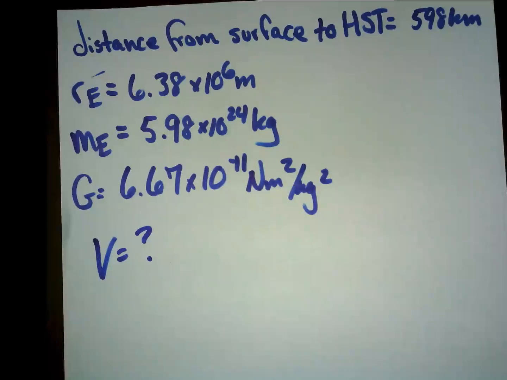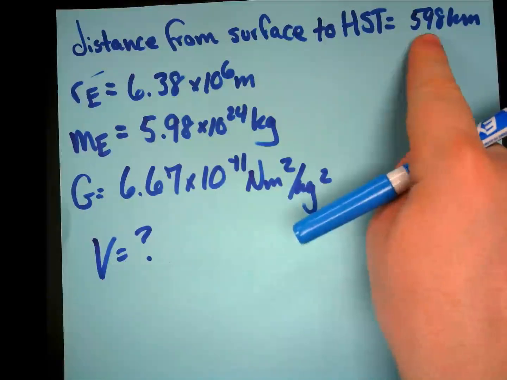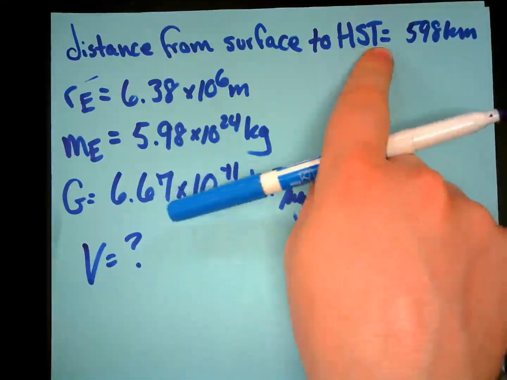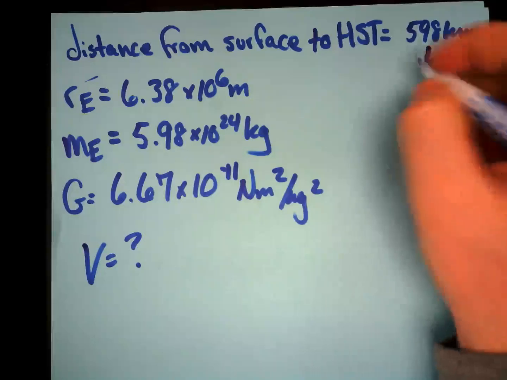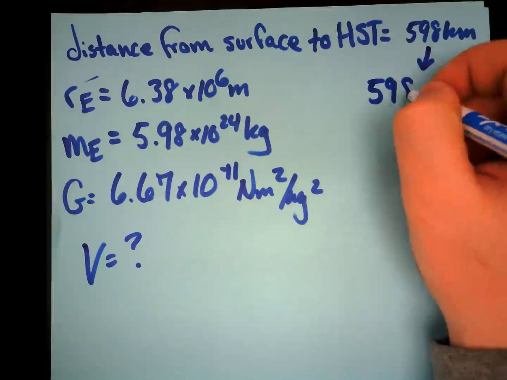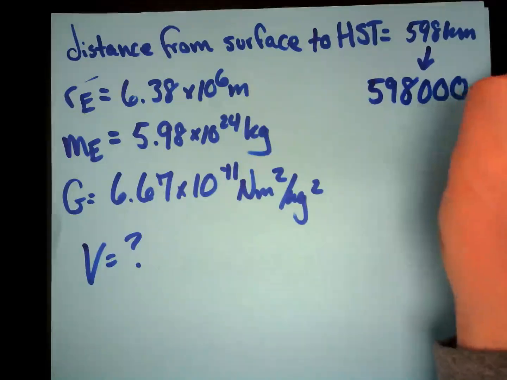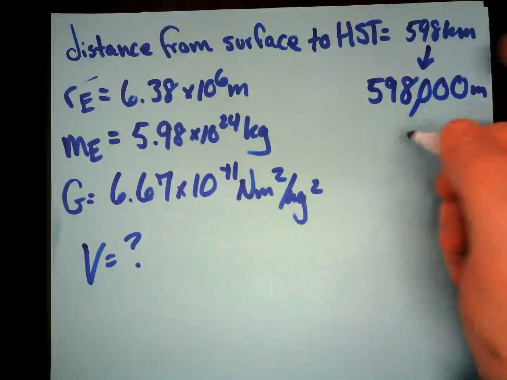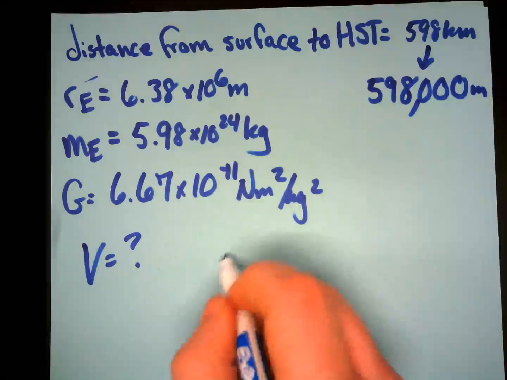What's our tangential velocity? So the first thing we should do is recognize this 598 kilometers, the distance from the surface to the Hubble telescope. Really, we should have this in meters, so 598,000 meters. And we have to remember, this is from center of mass to center of mass.